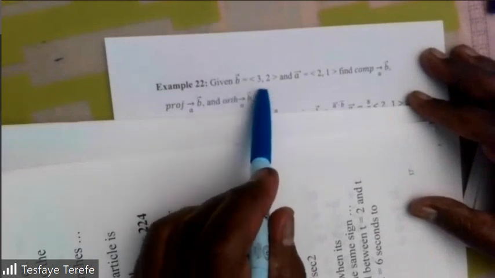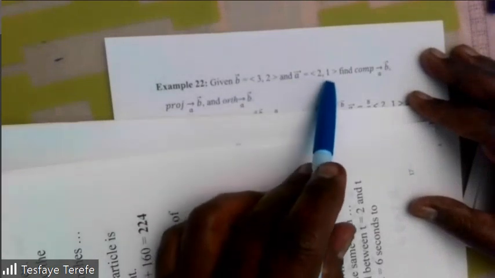B has components 3, 2, and A has components 2, 1. I want to find the component of B on A, the projection of B on A, and the orthogonal. Go ahead.